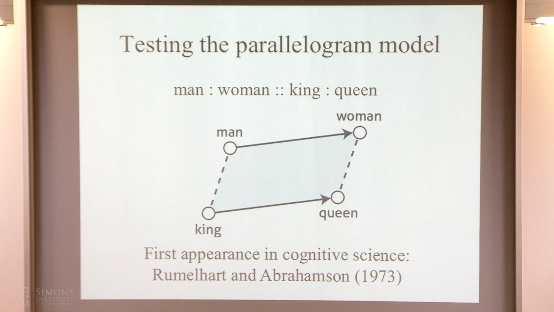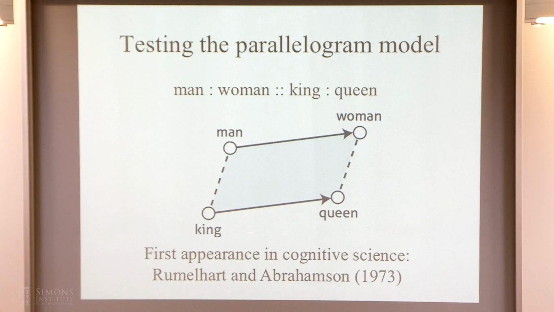So as a first step, what we did was try to evaluate this model using some human data. What do you mean by a model here? What are they asserting? Exactly this: if you have an analogy of this form, given A, B, and C, the first three things here, the way that you can find D is, if you have these represented as points in a space, you take the vector between them.